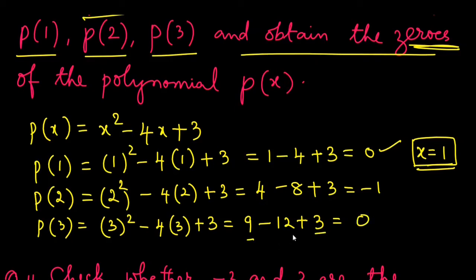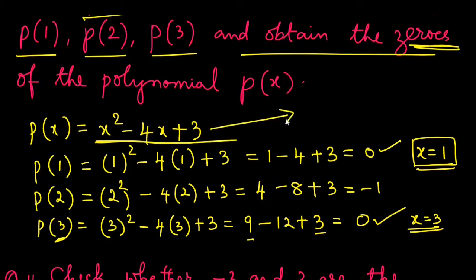Here we have got the value of polynomial as 0. So the value of x taken here, x is equal to 3, is the 0 of the polynomial. The polynomial here is x square minus 4x plus 3. So this has zeros x is equal to 1, x is equal to 3. A quadratic polynomial can at most have two zeros. We have obtained two zeros here.